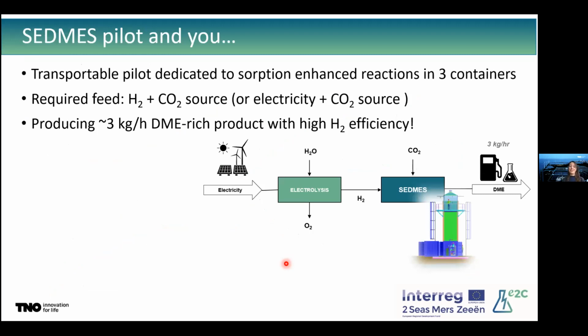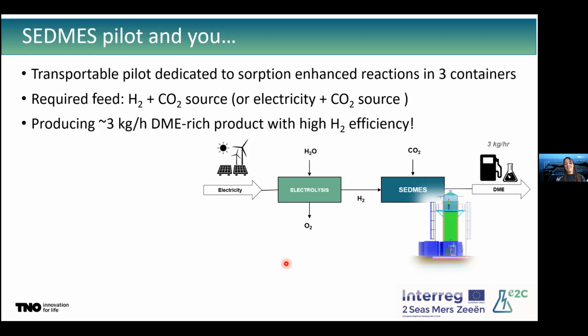So at the end of the E2C project, we hope to have a transportable pilot that's specifically geared towards sorption enhanced reactions, and it will be a 3-container pilot. And it will produce approximately 3 kilograms an hour of DME, and it's very efficient in its hydrogen use.